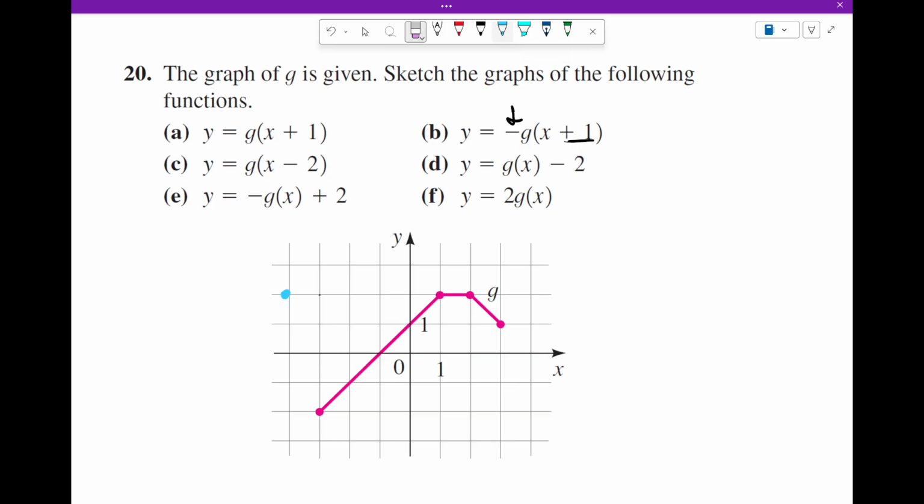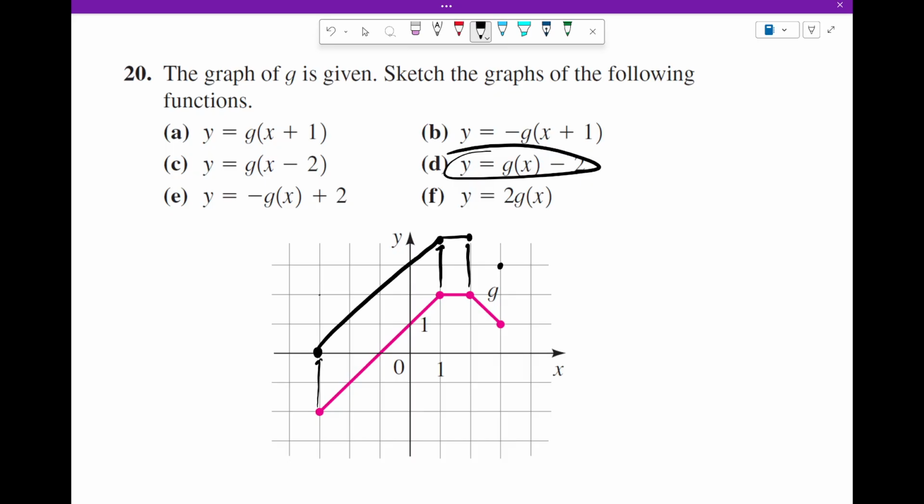So I'll do a couple more here. So let's do, I'm going to do part D here. This one's pretty straightforward. With this, all we have to do is shift everything up 2 units. So there's my new ordered pair, that one, and that one.